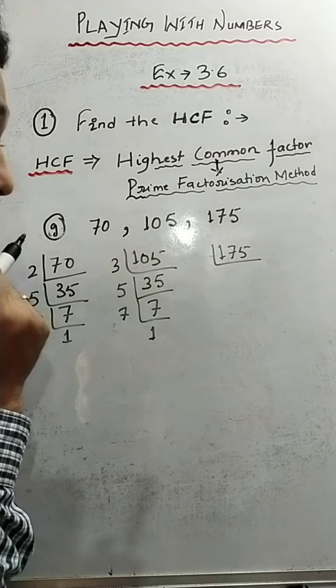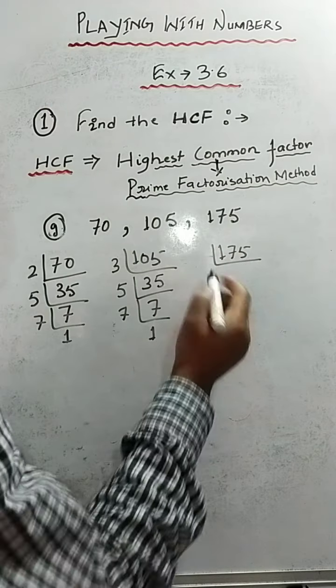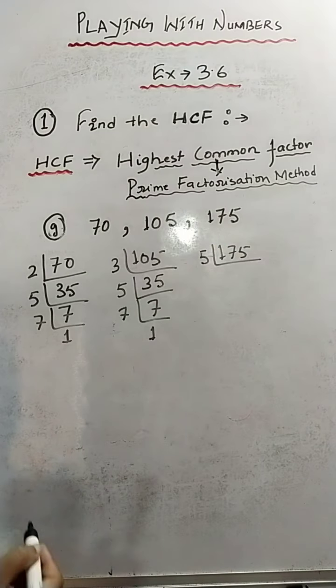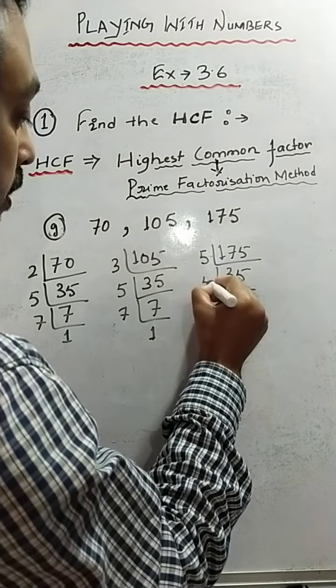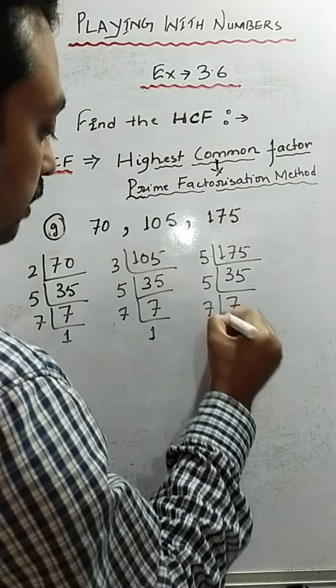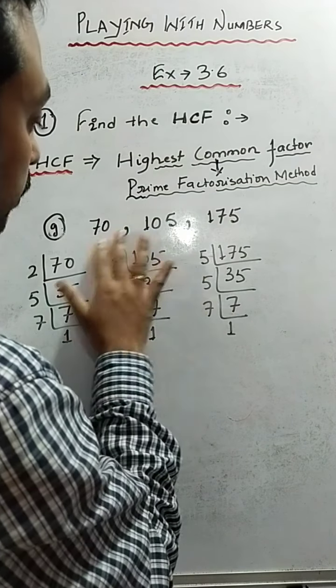Is it divisible by 3? I don't think so, because 1 plus 7 is 8, 8 plus 5 is 13. So we'll directly divide this number by 5. 5 35s, 5 7s, 7 1s. So these are the prime factorizations of all these numbers.